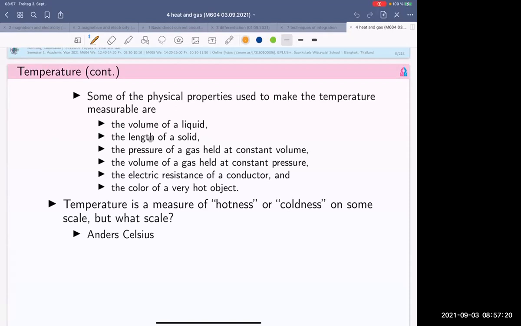It is stretched, and the length of any solid can be used as the indicator to measure the temperature. The next one is that you keep the volume of the gas constant, and then if you put the heat into that, you can get the higher temperature by observing the pressure of the gas.